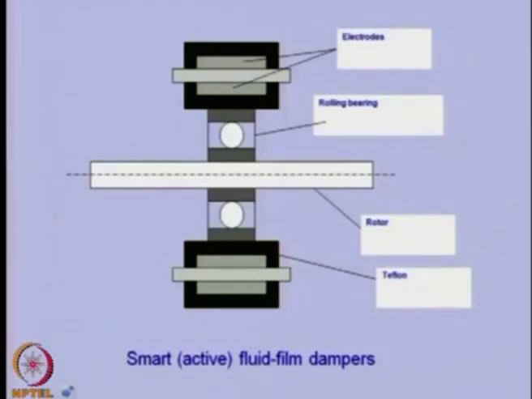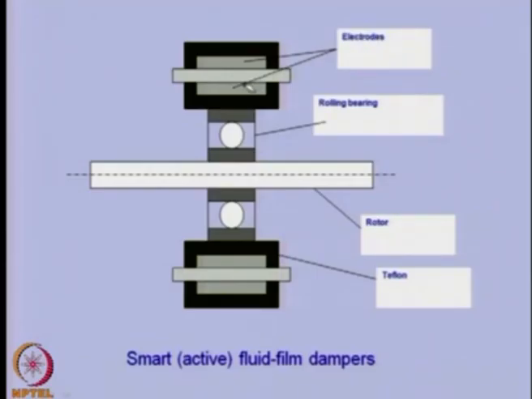Now, let us see some active fluid filled dampers, in which you can see this is a rotor, this is a bearing, and here an active device is there, which is similar to the squeeze film damper, but the only thing is that the property of the fluid is changed because of these electrodes.